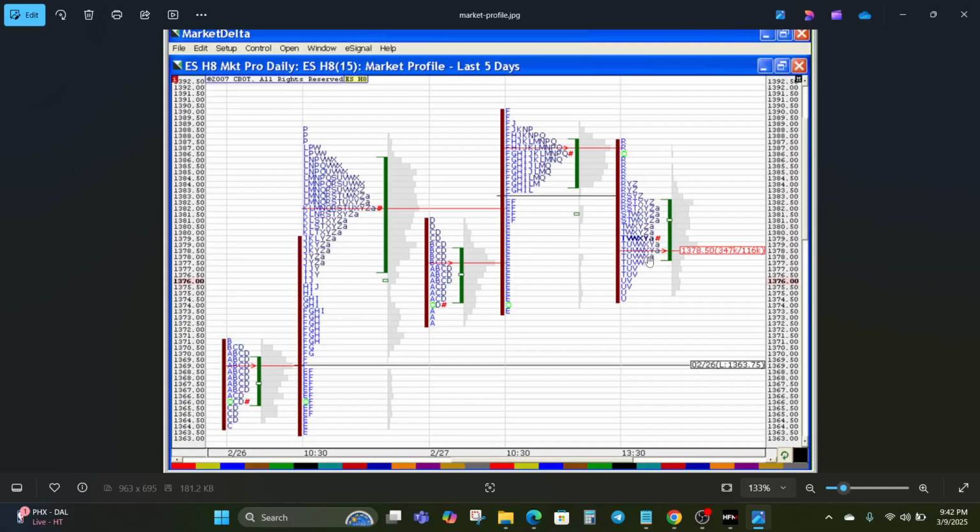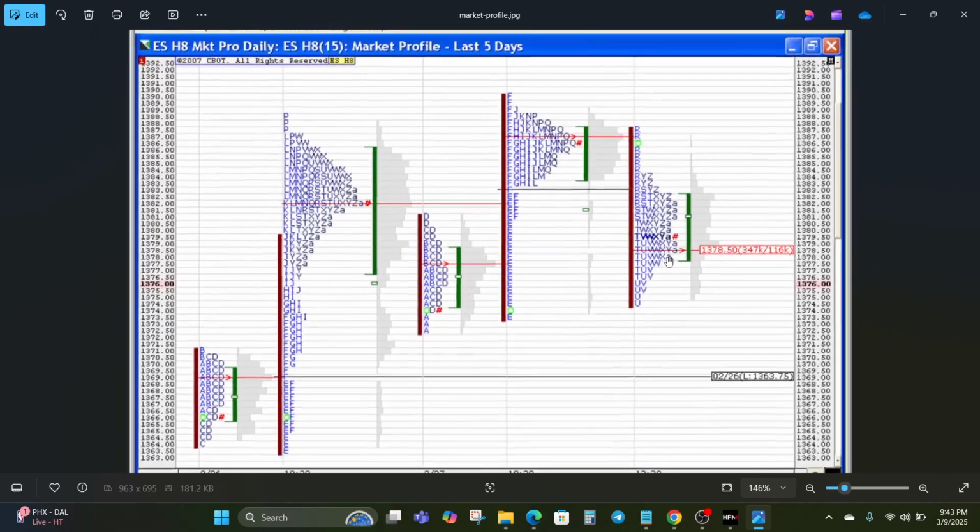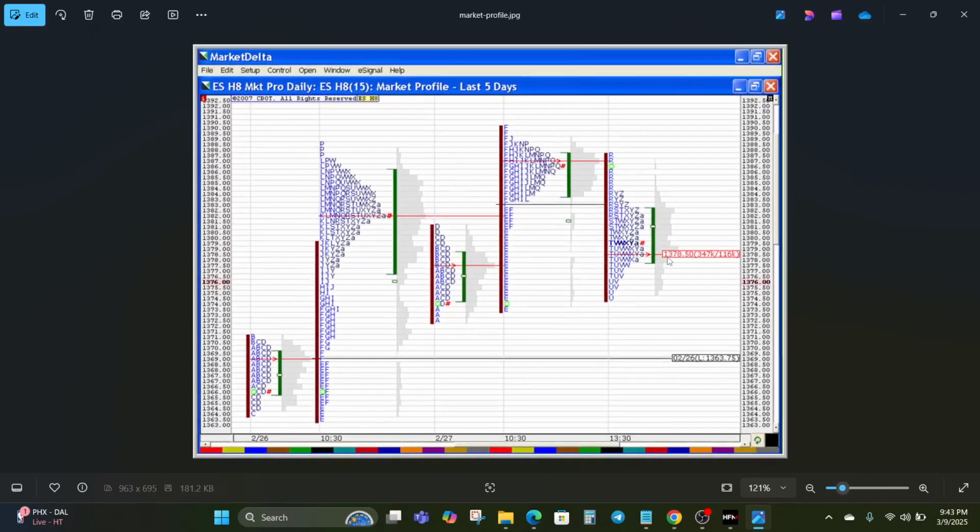Essentially, it shows you which price levels the market has spent the most time at. And this can help us identify key support and resistance areas.